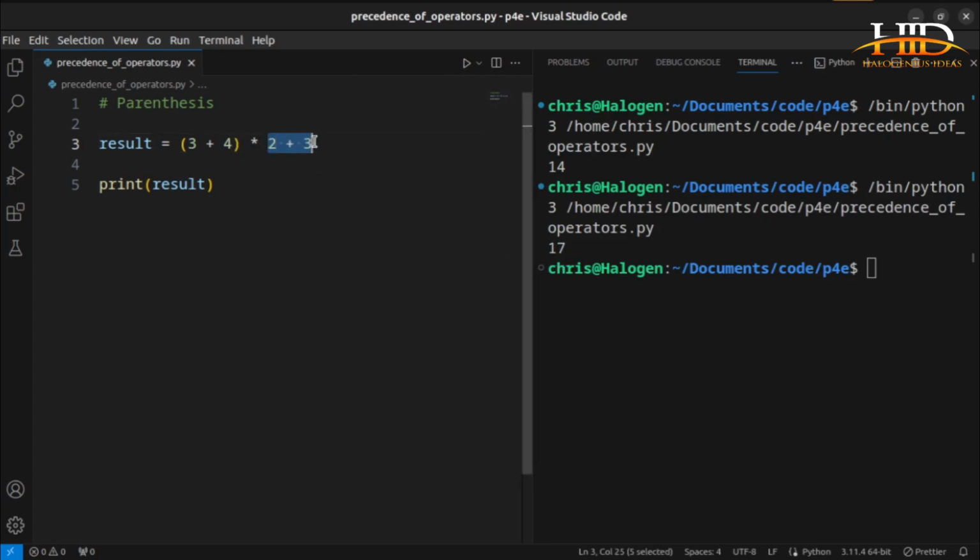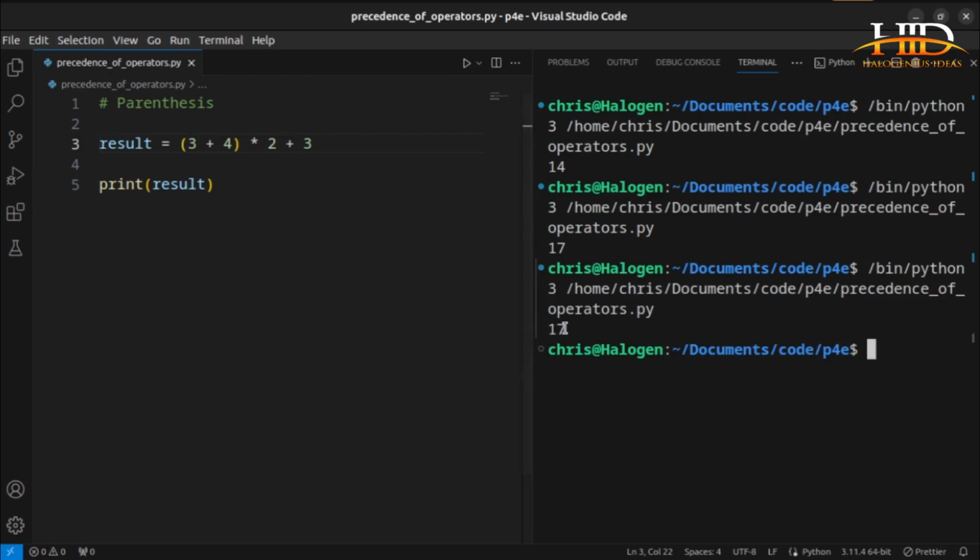What if I evaluate this one first? 2 plus 3 is 5, 3 plus 4 is 7, 5 times 7 is 35. But if I run this, Python is giving me 17. The reason is because it will not execute this one first. It will go for the parenthesis first. Anything in the parenthesis, it will sort it out. Then it will go for the multiplication, which is the next ranking operator in the statement.